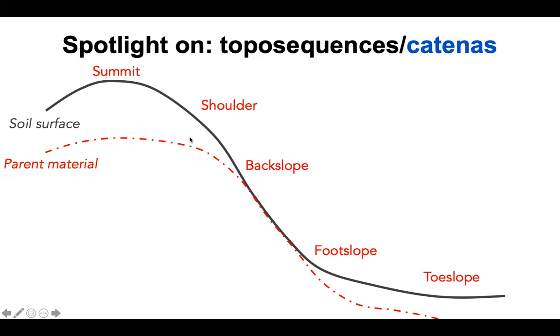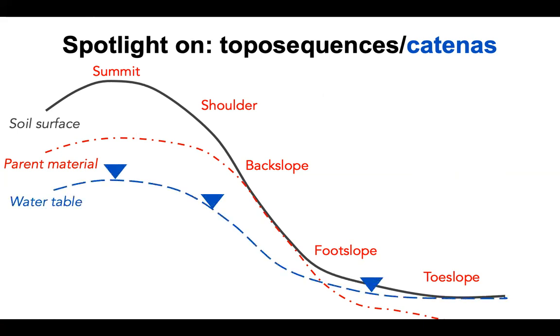Then as we go down the slope, we start to have erosion happening, and the depth between the soil surface and the parent material gets thinner and thinner until in some places, parent material is what's at the soil surface. Then as we get down the slope again, we start to have a thicker soil depth, because the stuff that's eroded from the top here goes all the way down and ends up here.